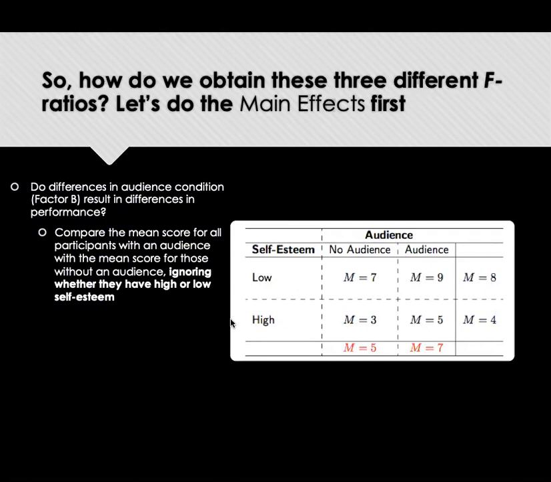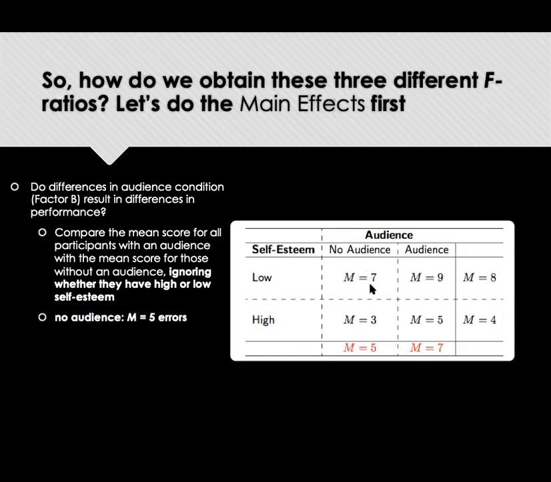So just like the self-esteem, we're going to compare the mean score for all participants with an audience, that would be the second column, with the mean score for those without an audience, the first column here. Sorry, I've got this backwards earlier. We're going to collapse these values and not pay any attention to low and high self-esteem.